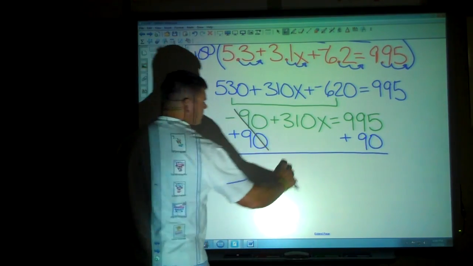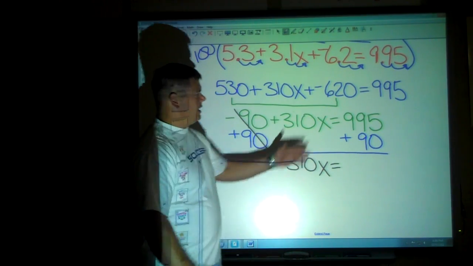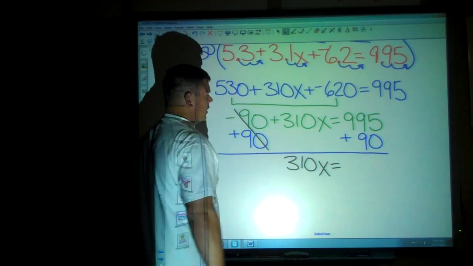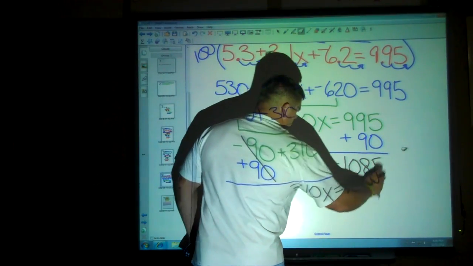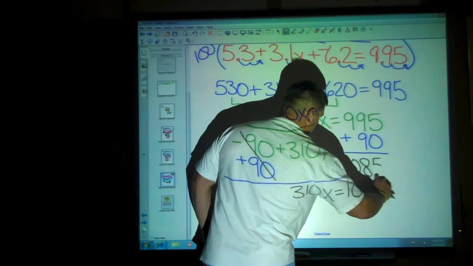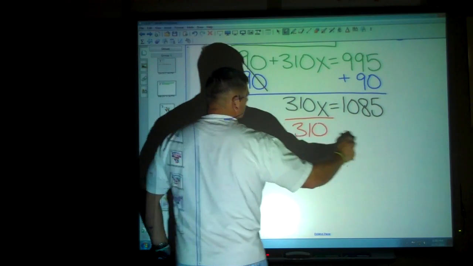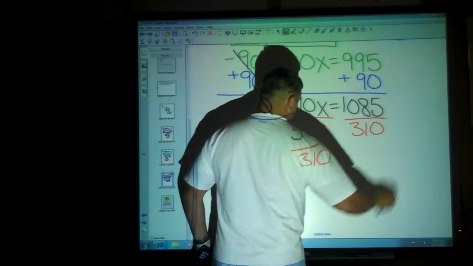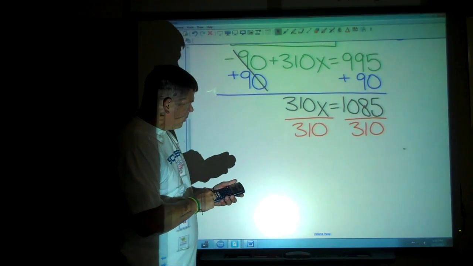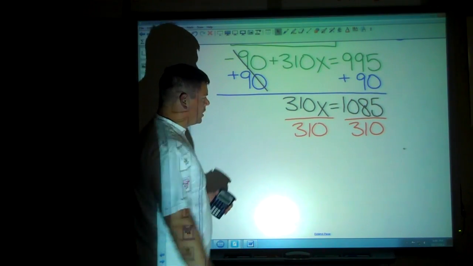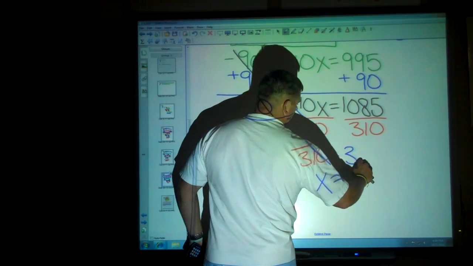Those cancel out. 310x equals 995 plus 90 is 1,085. And the last step, divide by 310. 1,085 divided by 310 is 3.5 exactly. No rounding necessary.